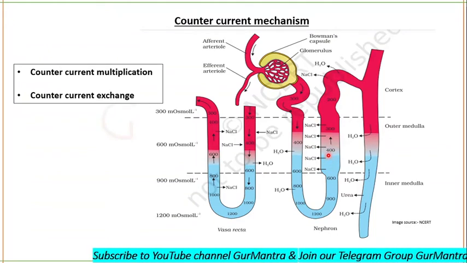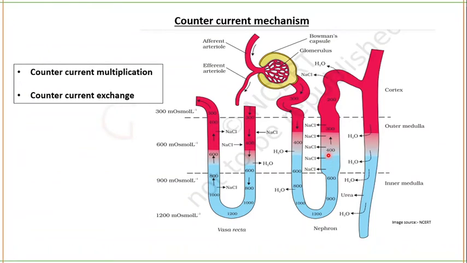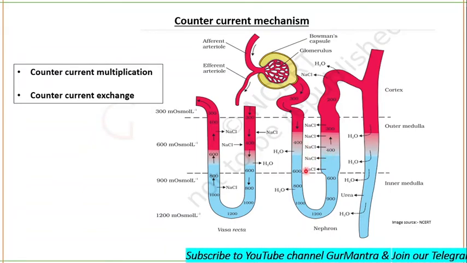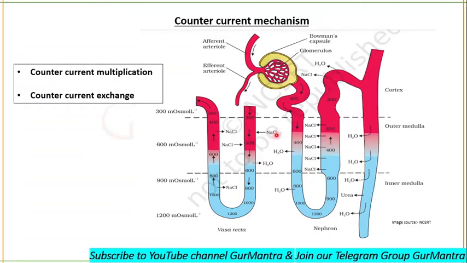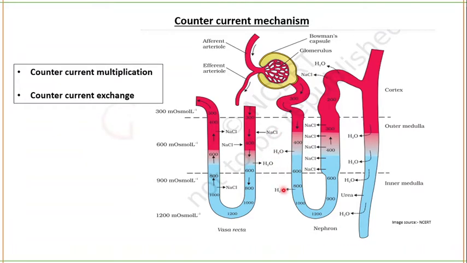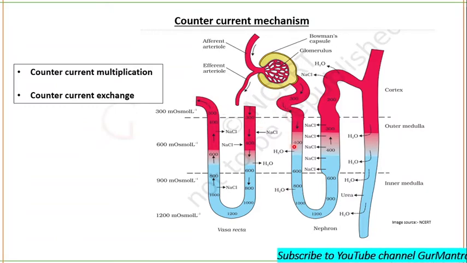But the remaining 25% are juxtamedullary nephrons, which have loop of Henle and vasa recta that go deeply into the medulla before they return into the cortex.